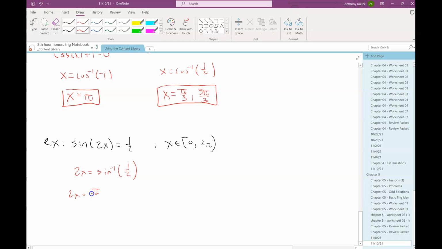So that's pi over 6 and 5 pi over 6. And then divide both sides by 2 or multiply by 1/2. And this should be our answer, right? Unfortunately, we've missed some. Oh no.